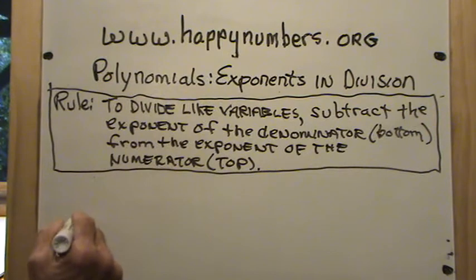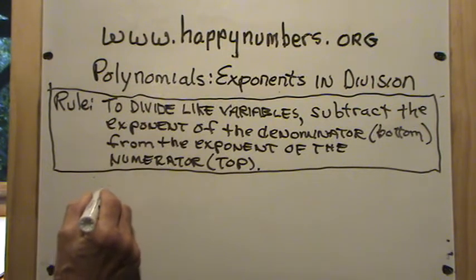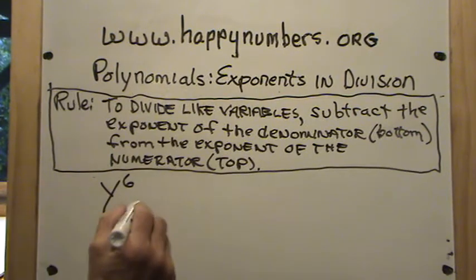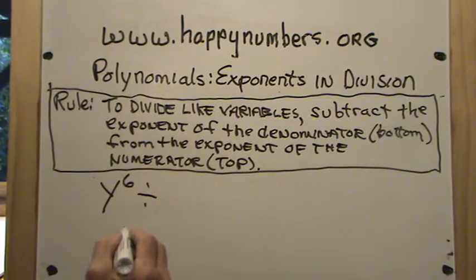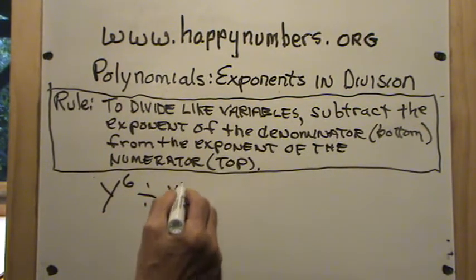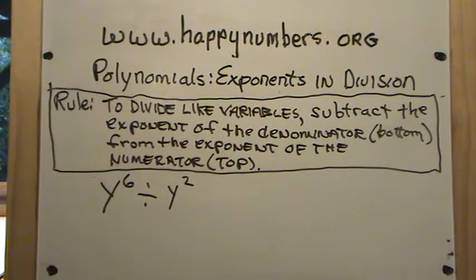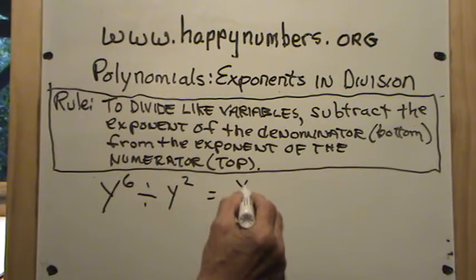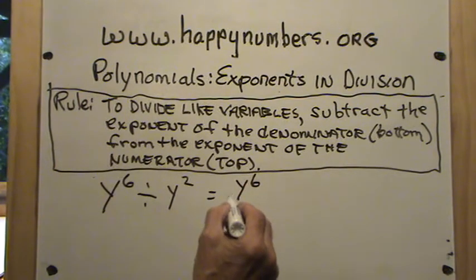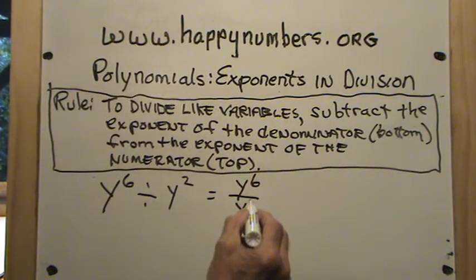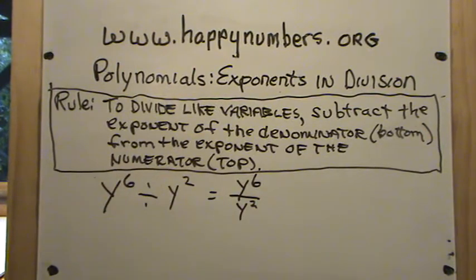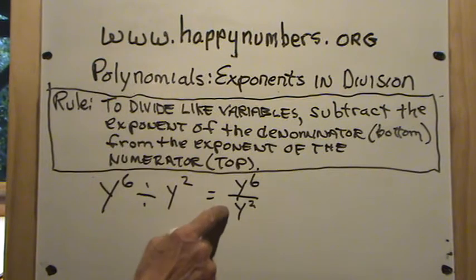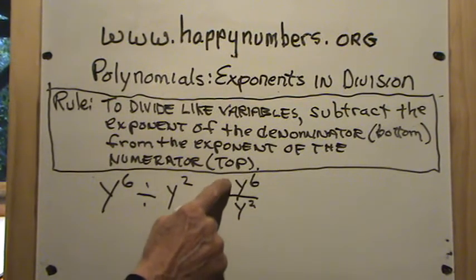Well, let's take a problem like this now. Let's take y to the 6th power divided by y to the 2nd power. Now, this is a fraction. This is our denominator. This is our numerator.